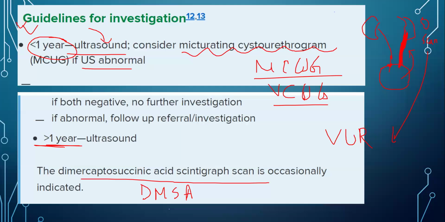But for more than 1 year old, you can wait, as usually more than one episode of UTI will be regarded as recurrent UTI. And for them, you would do an ultrasound.